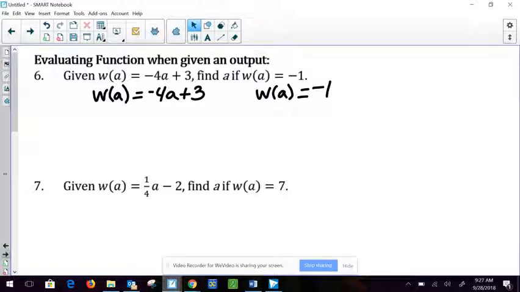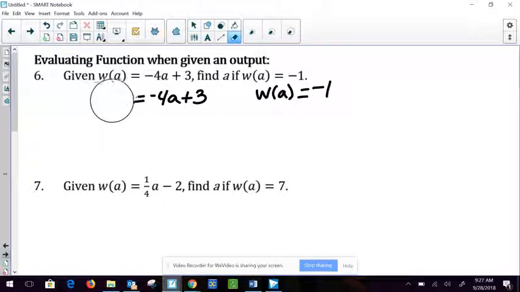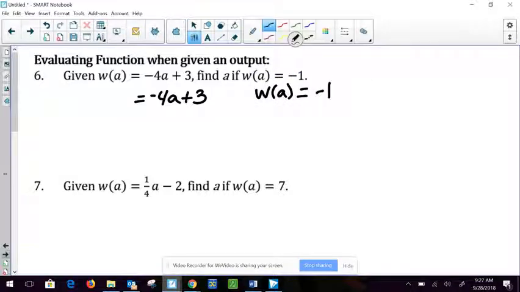So I'm not putting a number in for a in this situation. I'm taking w of a out of my equation. So I'm taking it out of the equation, and I'm actually going to put a -1 in its place. So remember, we said that w of a is equal to -1. So I took it out of my equation, and I'm going to put -1 in its place.